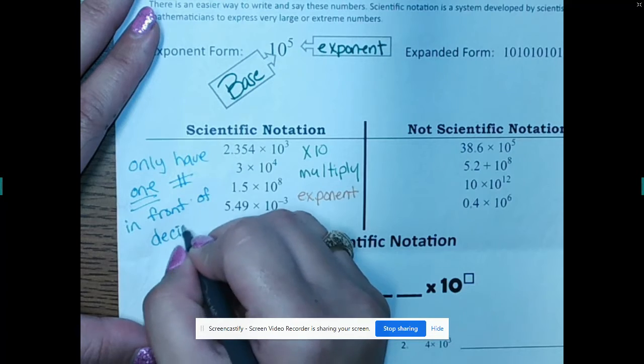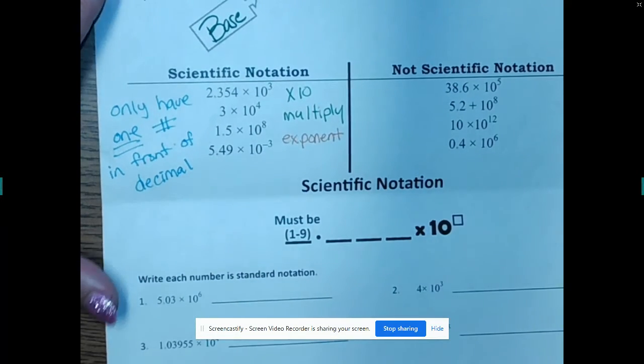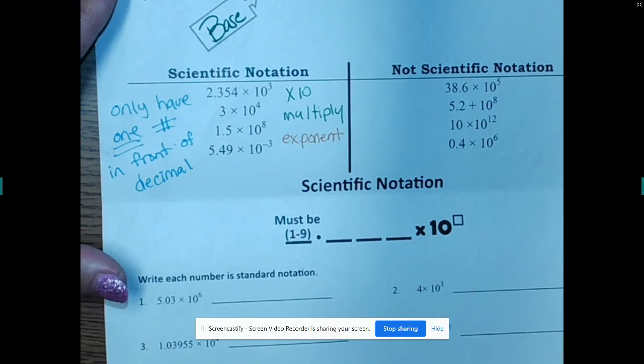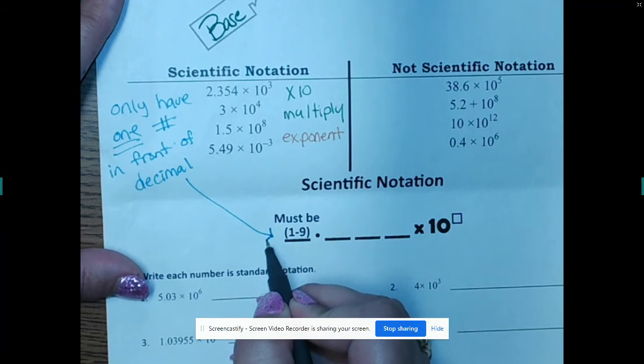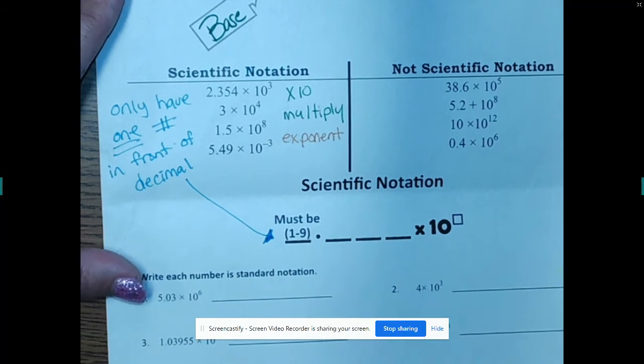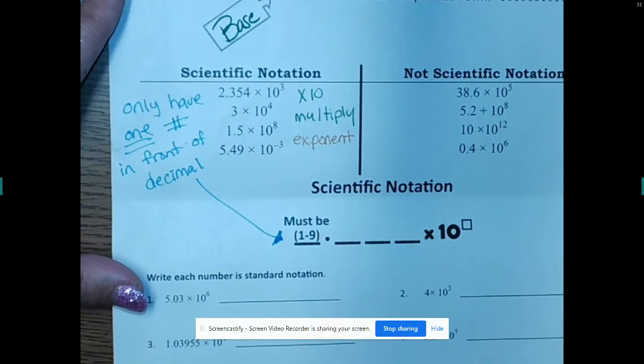So that's why on the video he was talking about it has to be a number between 1 and 9. That means there's only one number in front of the decimal. And it cannot be 0 because it has to be between 1 and 9. So you can't have 2 digits and you can't have 0.